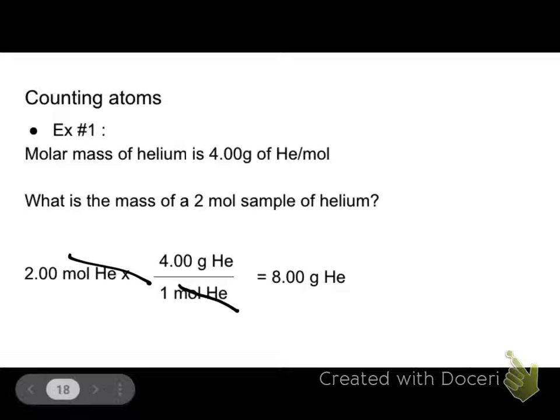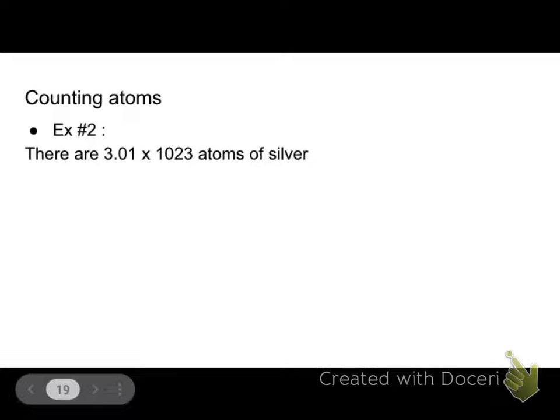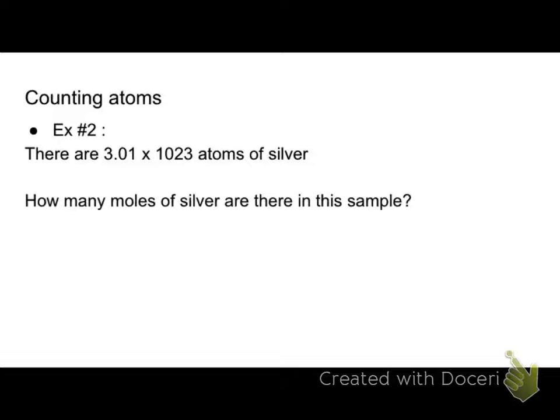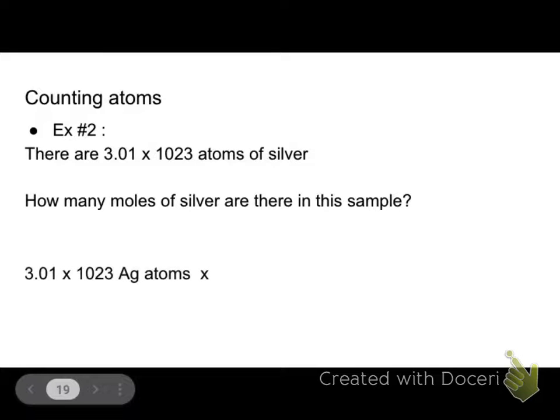All right. The same process can be done if I give you a number of atoms and I want to know moles as well. So in this case, we have to use Avogadro's number. We know that we have 3.01 times 10 to the 23rd silver atoms. And once again, it messed up my formatting on my exponents, but those are supposed to be exponents, 10 to the 23rd.